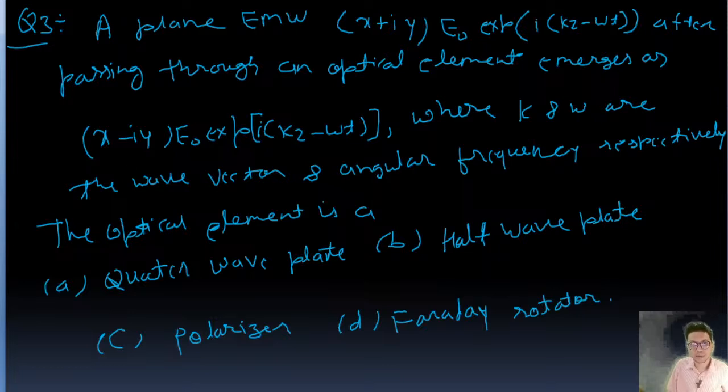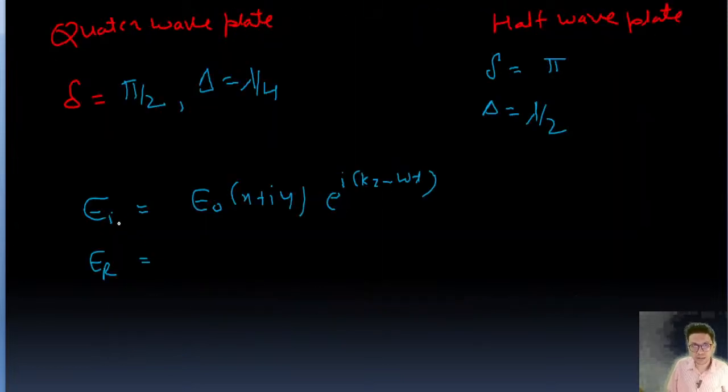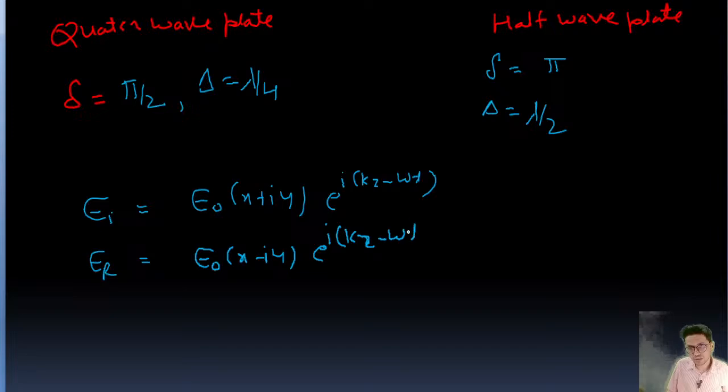E_R is given as E_0 (x minus iy) e to the power i(kz minus omega t). So E_R and E_I are these.